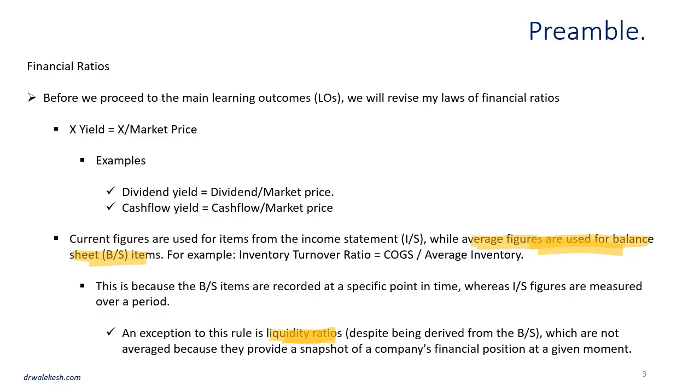Despite the fact that most of the items relating to liquidity ratios are derived from the balance sheet, we do not find the average of those items, and the major reason is because as far as the liquidity ratio is concerned, we're interested in the snapshot position of the firm at a given point in time. We are not interested in the position of the firm over a period of time. We're interested in the position of the firm at a given point in time.